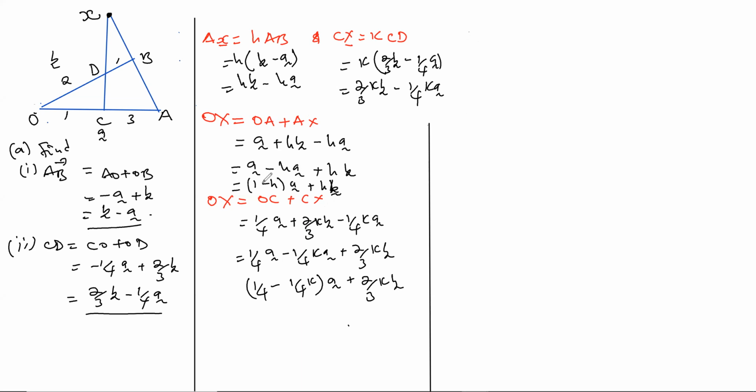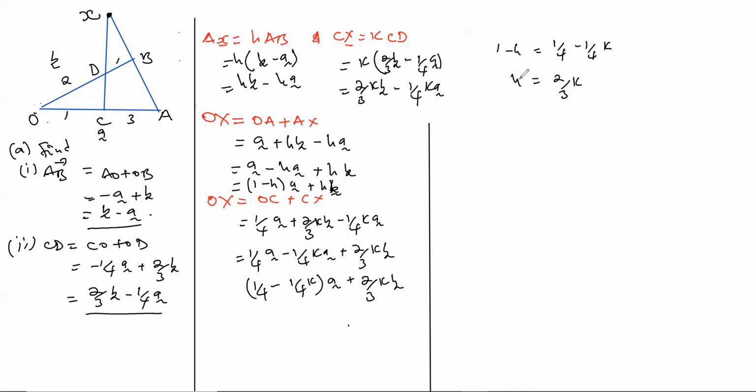The first one, A, it is 1 minus H. So I write 1 minus H equals a quarter minus a quarter K. The second one, B vector here is H. And in the next case, B vector is 2 over 3K. So if I'm solving, I think for me it will be easier to use this H to substitute here.